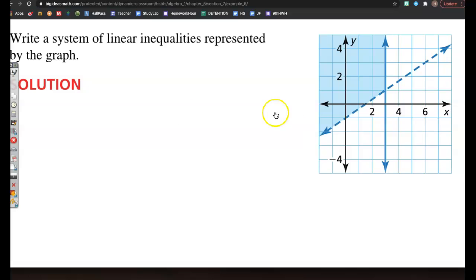Okay, example 5 is very similar. Let's do this line first. What is this line going to be? Y is less than or equal to 3. If I graph that, my y-intercept is 3.